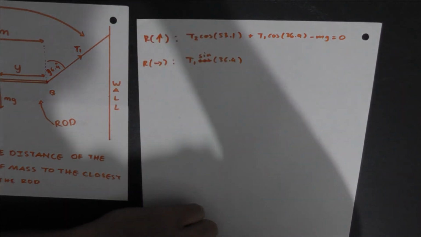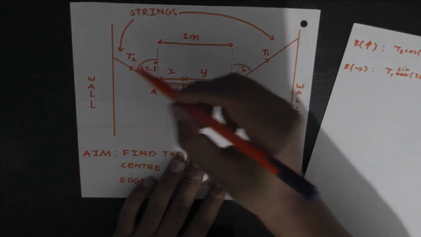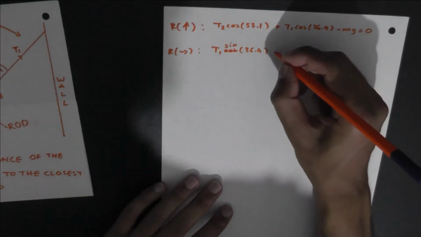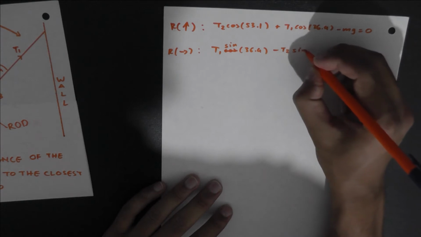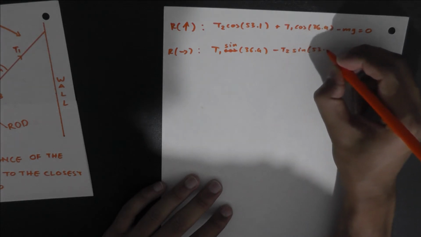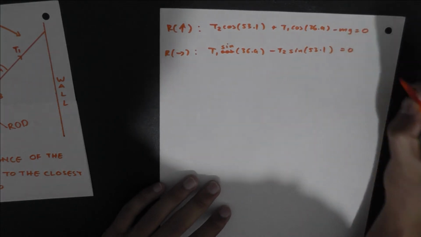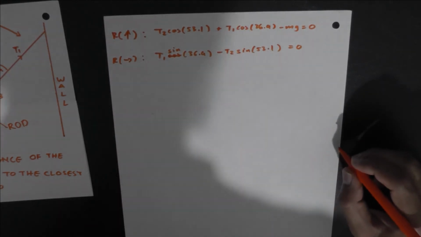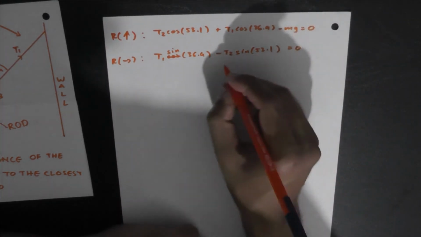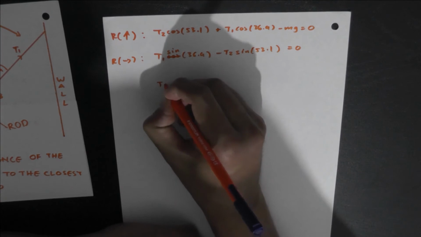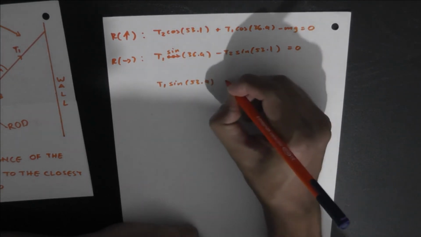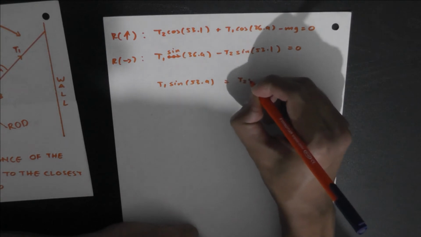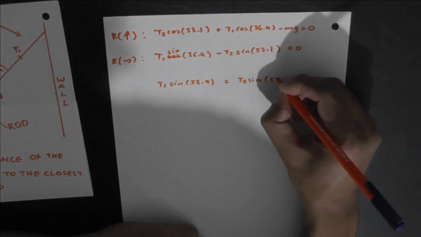T1 times sine means the opposite, and T2 is in the opposite direction, so we're going to take it away. So minus T2 sine 53.1 equals 0, again because it's not moving in the left or right direction. So now actually this turns out to be more useful. So we've got T1 sine 36.9 equals T2 sine 53.1.